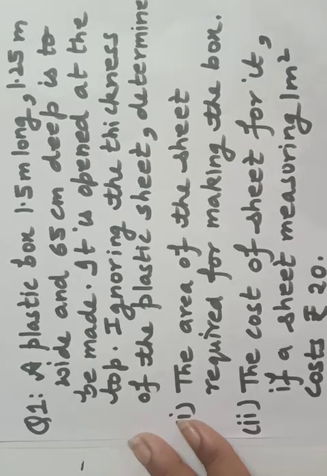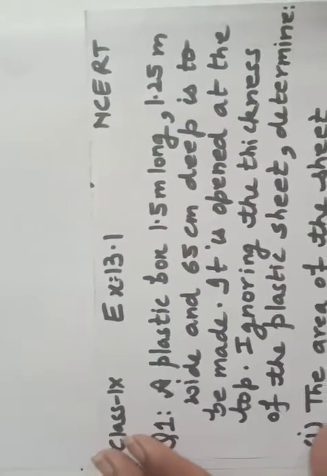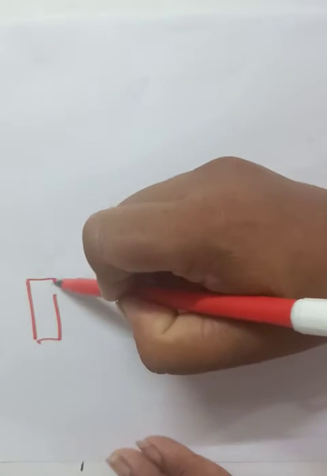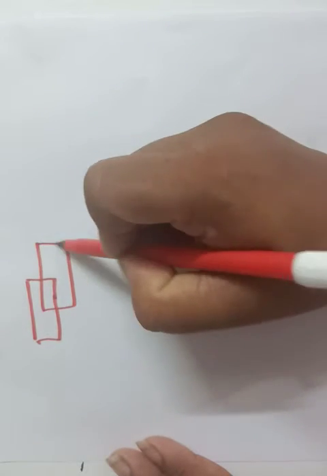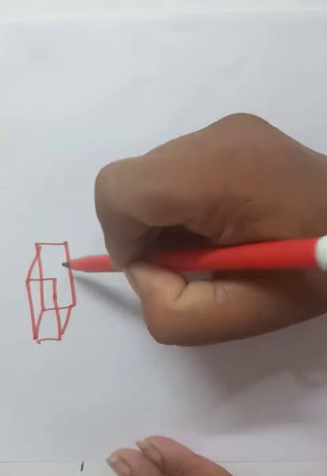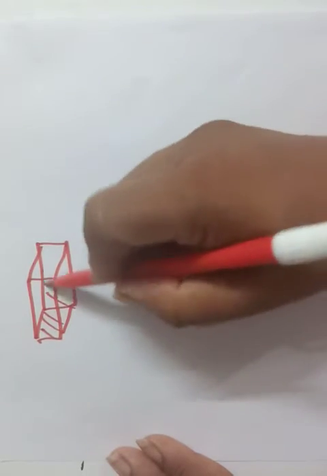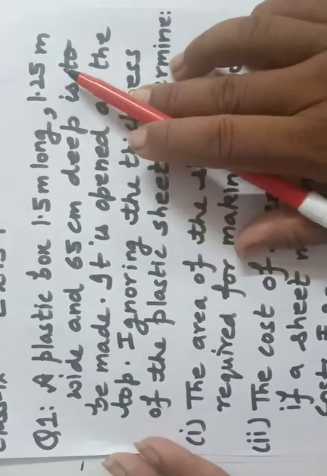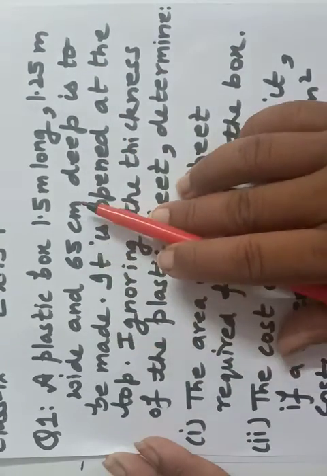For this, let's draw a figure for this plastic box. This is the plastic box, which is of the cuboid shape. Now the dimensions are given to us: 1.5 meter long, 1.25 meter wide and 65 centimeter deep.